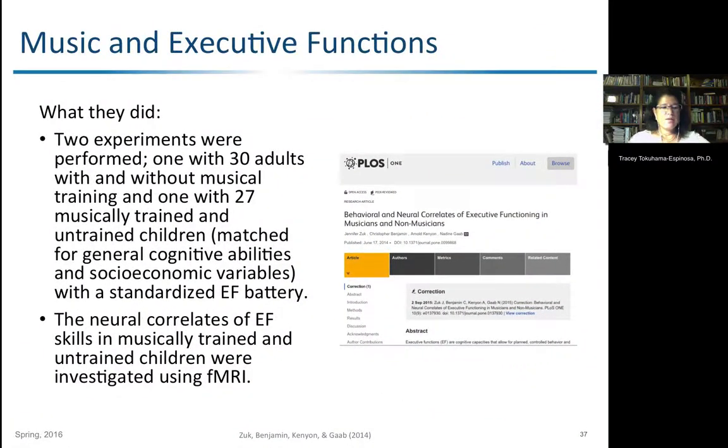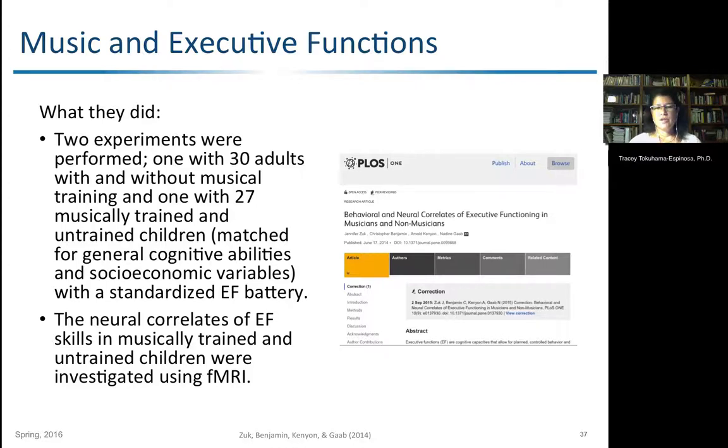So here's an example of the studies, and this is why they have powerful evidence behind them, but they're also critiqued because they do not have huge sample sizes. For example, in this study by Zuk, Benjamin, Kenyon, and Gaab, they did 2 experiments, one with adults and one with kids, comparing adults who had musical training and who didn't, as well as children who were musically trained and musically untrained.